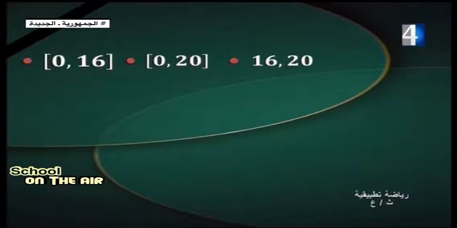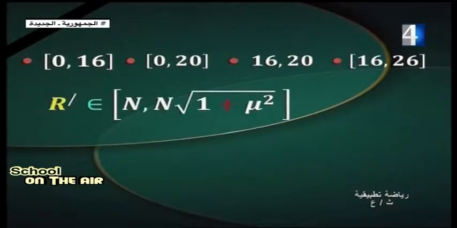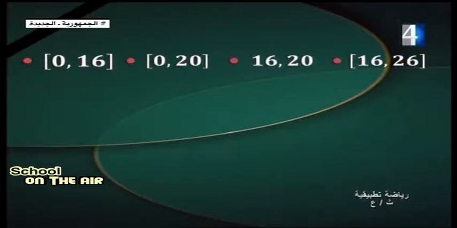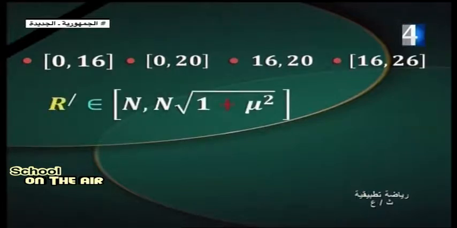Choose the correct answer: closed interval [0, 16], [0, 20], [16, 20], or [16, 26].